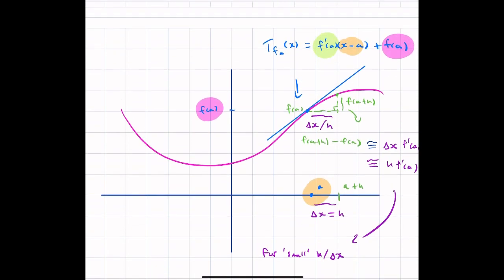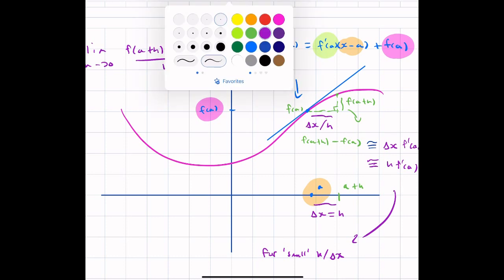And this is where the limit definition of the derivative comes in, saying that the limit as h goes to 0 of f of A plus h minus f of A over h is f prime of A. Well, this is saying that there's no limit to how close I can get that quotient, the slope of the secant line.